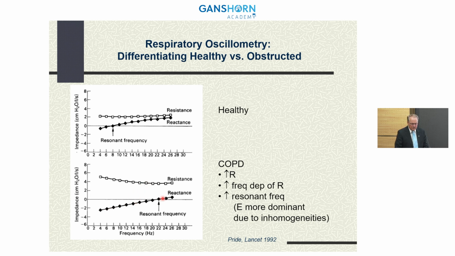Reactance itself is also going to shift. Some individuals think of reactance as like compliance of the lung, right? So the reactance is going to shift also, and that area under the reactance is going to be larger than the area under the reactance that we would see in someone with a normal healthy lung.